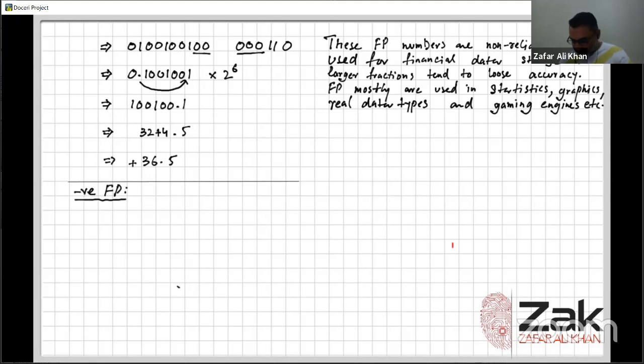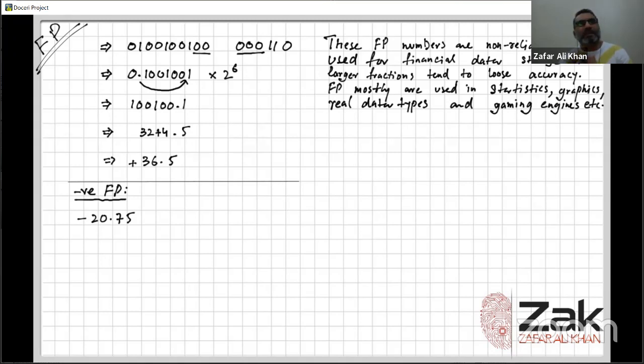Now, negative floating point. Negative floating point actually has a sign to signify that this is a negative number. Now, this is a negative denary real number.